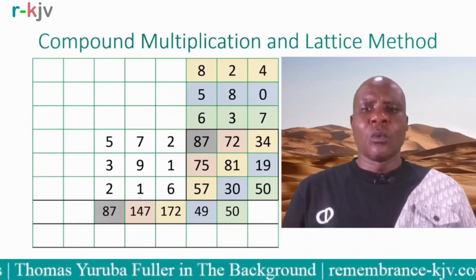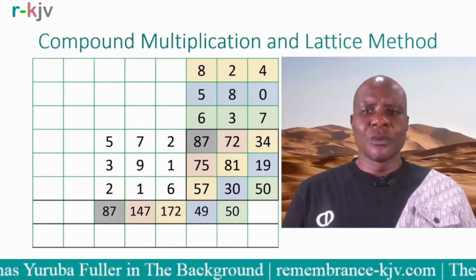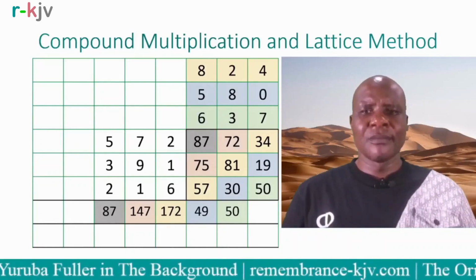Now, we convert this result, which is in partial sums, to single-digit positional values.